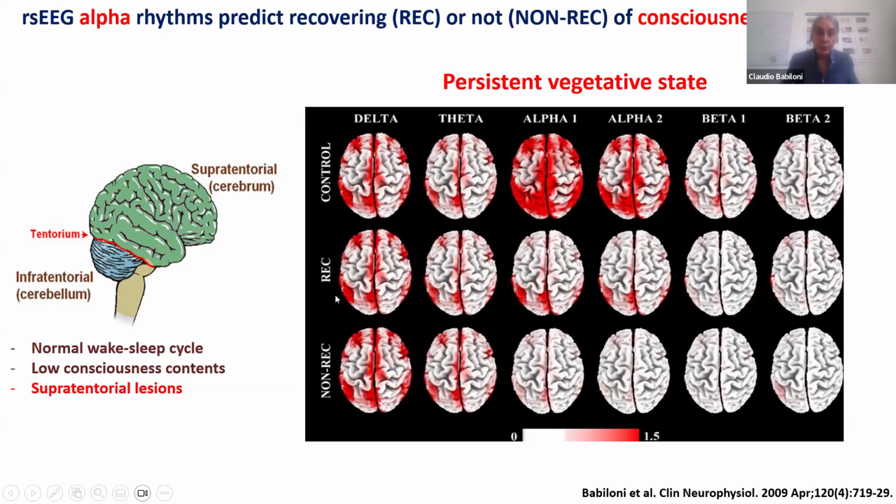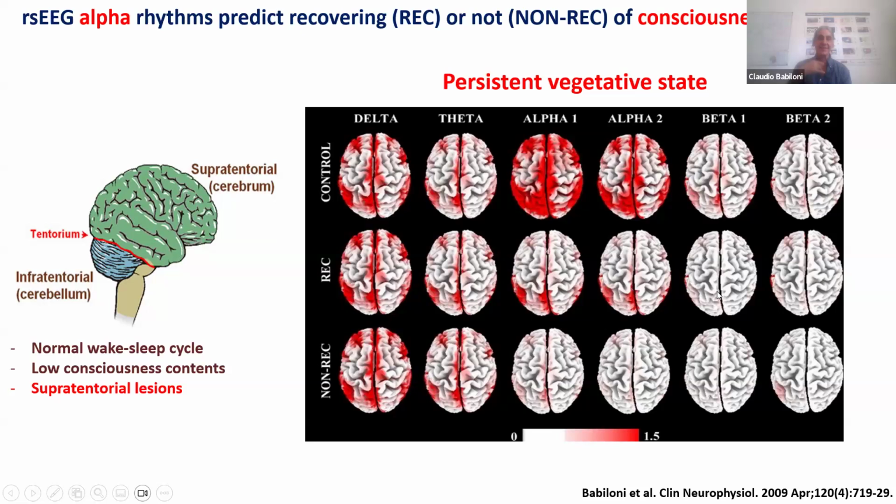But the two lines show two different subgroups of patients. In the middle line, we have patients that will recover a certain degree of level of consciousness after 3 months. And so we call these patients who will recover the level of vigilance and consciousness at the follow-up.